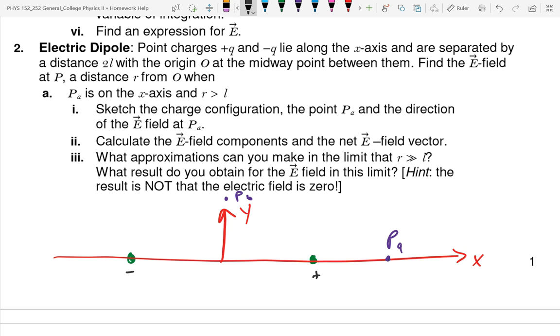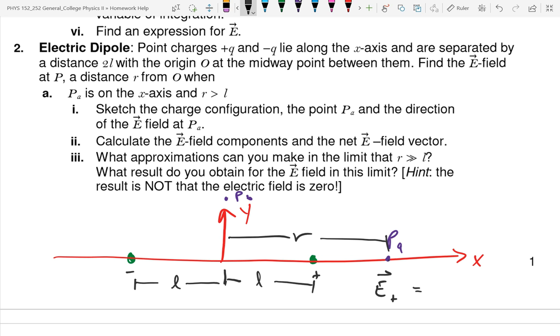And so you're just going to say electric field from the positive charge, and we have this distance is L here. This distance here is also L. And then this distance here is R. So you got to get your distances straight.